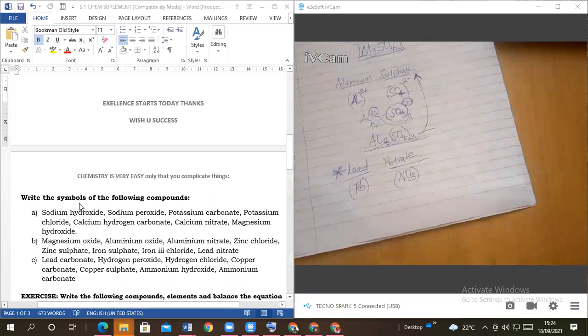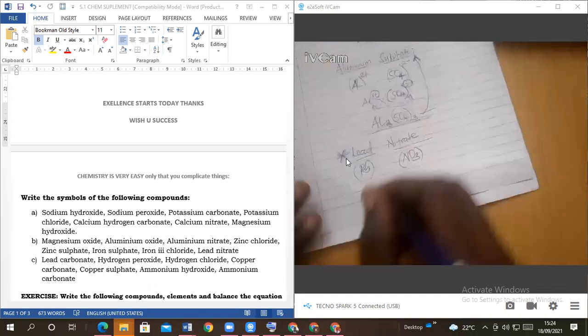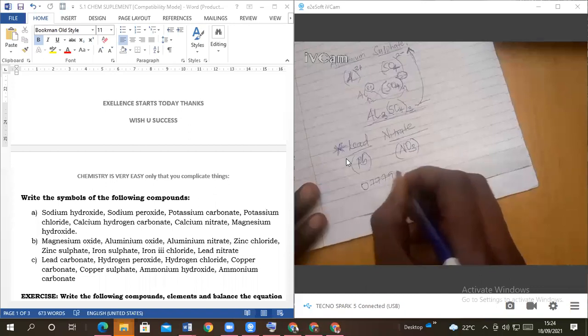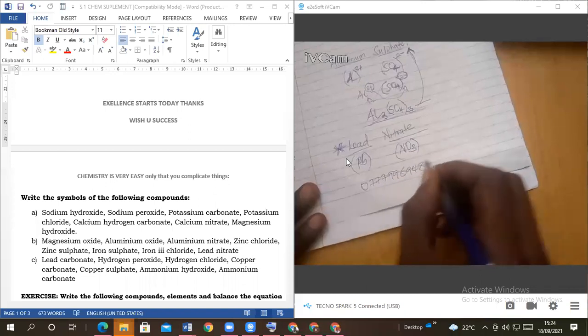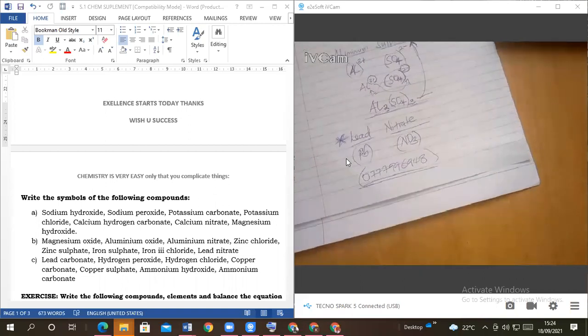So where you are, there is some work here. Take a screenshot of it, and then try to make sure that you come up with these compounds. Okay? Take a screenshot, and if you are stuck, this is the number you use.